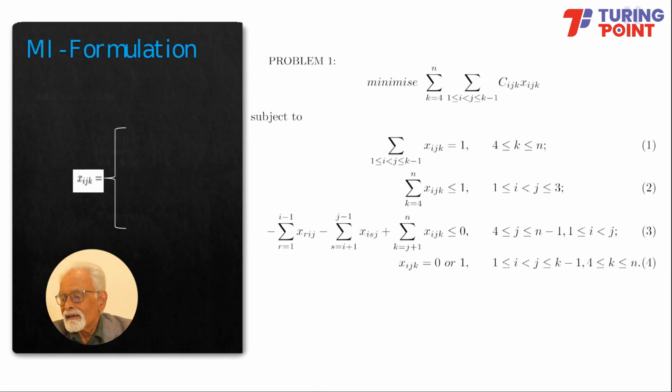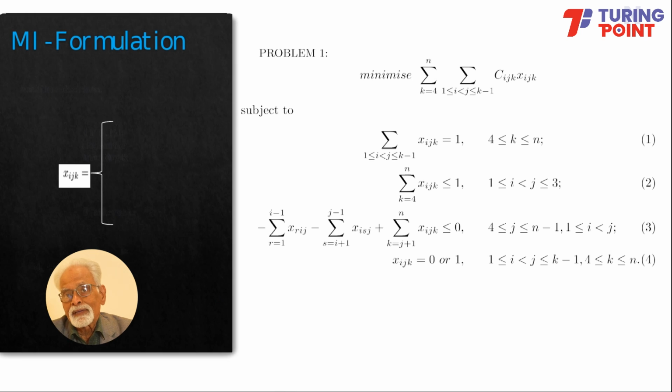Minus Xrij over all r going from 1 to i minus 1, minus Xisj, s going from i plus 1 to j minus 1. This sum is actually trying to tell you whether ij is created or not. If it is not created, this will be 0, otherwise it will be minus 1. And since j can be inserted only in one place, this cannot be more than 1. So it can be minus 1 at the least.